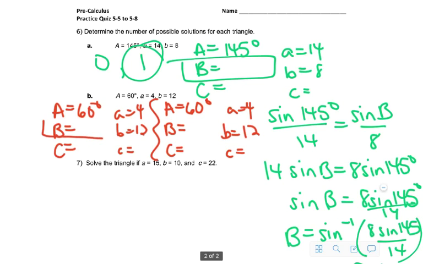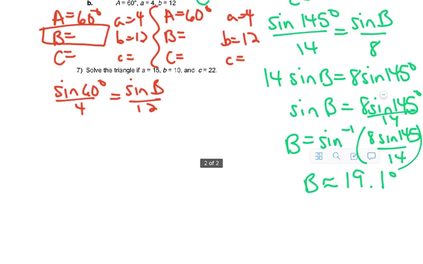All right, so we're going to go and find angle B. So we're going to do the sine of 60 degrees over 4 is equal to the sine of B over 12. I'm going to cross multiply, and I get 4 times the sine of B is equal to 12 times the sine of 60.